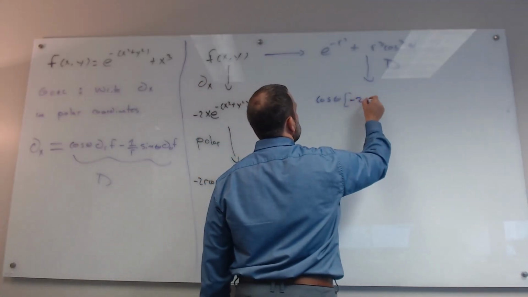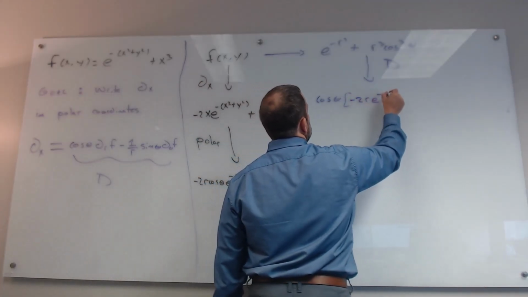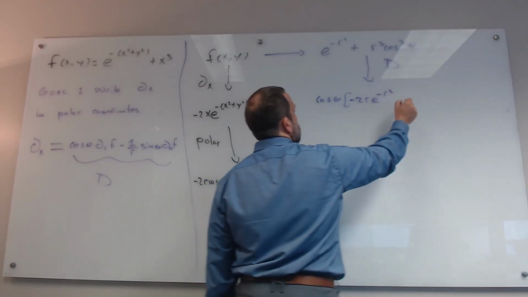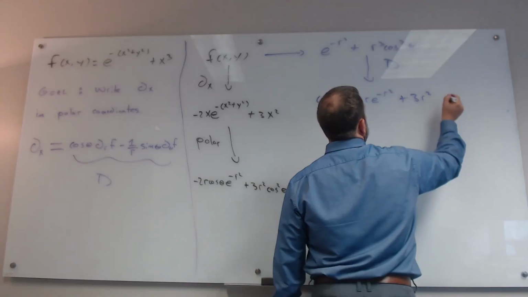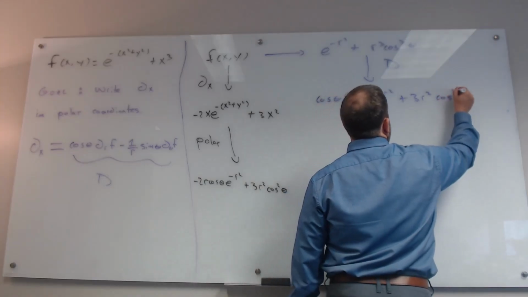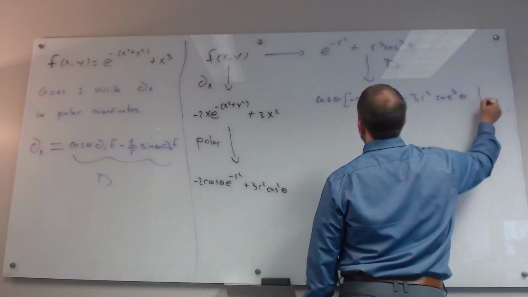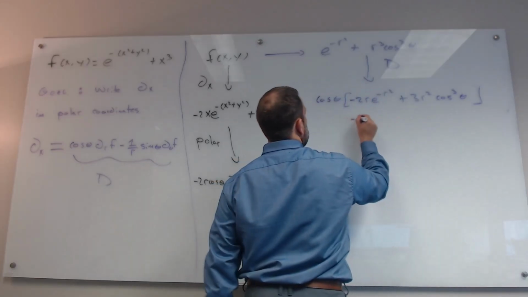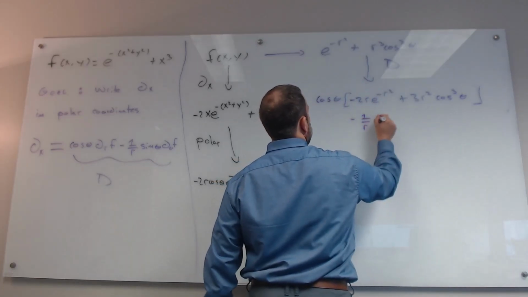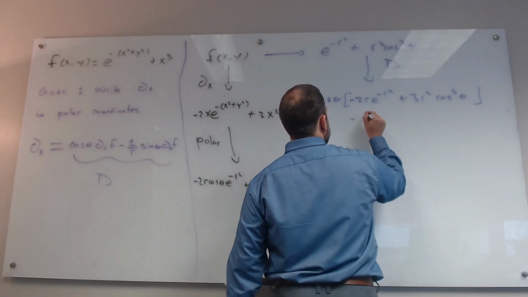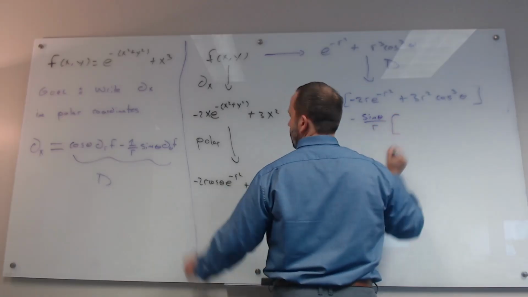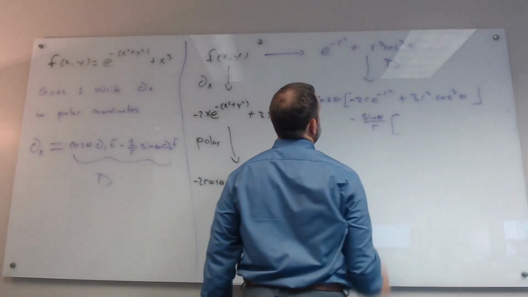So it's minus 2r e to the minus r squared plus 3r squared cosine cubed theta, and then minus 1 over r times sine theta. Let me write this as sine theta over r times the partial derivative of this with respect to theta.